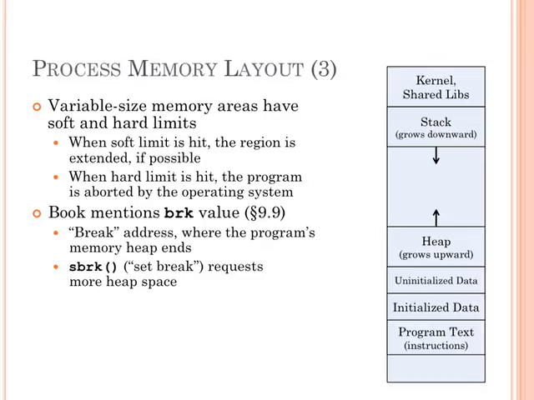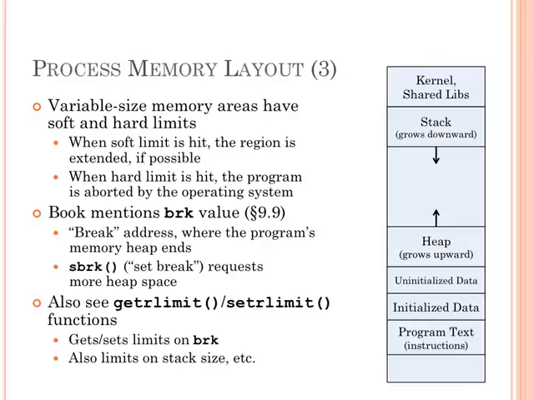So it'll call sbrk to say, give me more heap. A lot of other systems, though, OS X in particular, use getrlimit and setrlimit. The R stands for resource, so it's get resource limit and set resource limit, and that basically is the more modern way of setting the breakpoint on the memory heap. Where does the memory heap actually end? Okay?